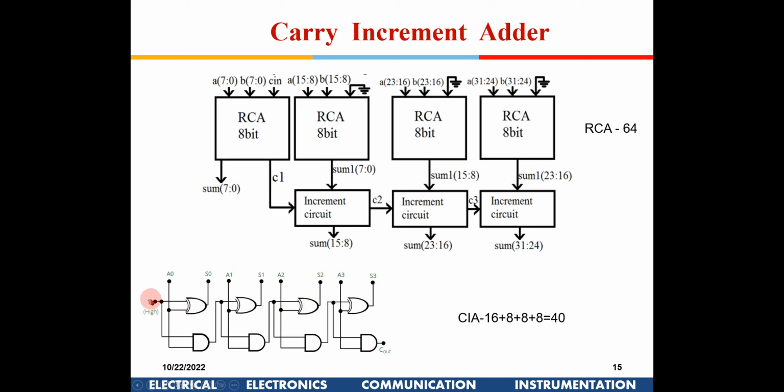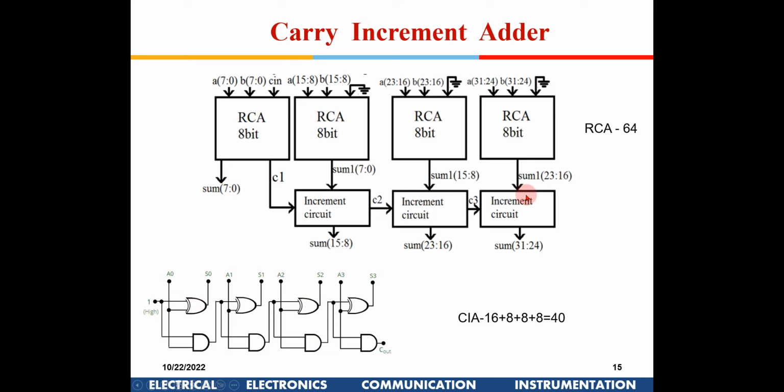Suppose this is 0 out here, so it will be 0 here, and since one input is 0, A0 will come out as S0 as it is. Similarly, this is going to an AND gate, so it will be 0 here, so A1 will get to S1 as it is. Similarly, I have a 0 here, and A2 will get reflected outside through this AND gate. So if this control signal is 0, A0 will come out as it is.